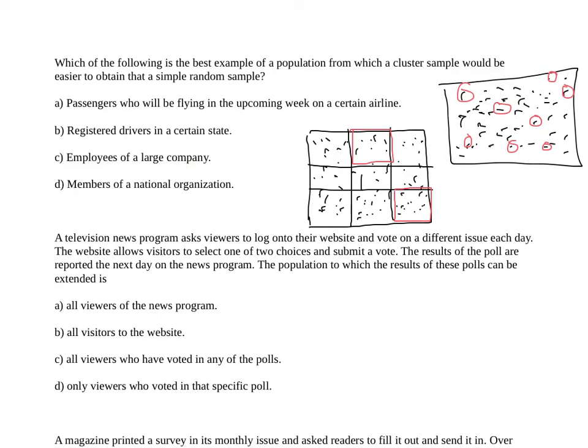Now, this is kind of a subjective question. But just think about which one of these is probably the easiest in which we can create these little tiny bins, these little clusters that are going to be more or less representative of your population as a whole. Well, members of a national organization, that's going to be tricky because you might be able to break it down by area. So say you break it down by state, but then each state might be different.